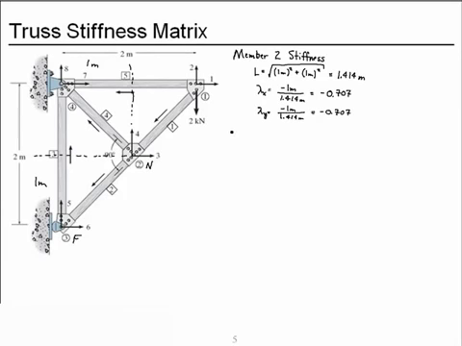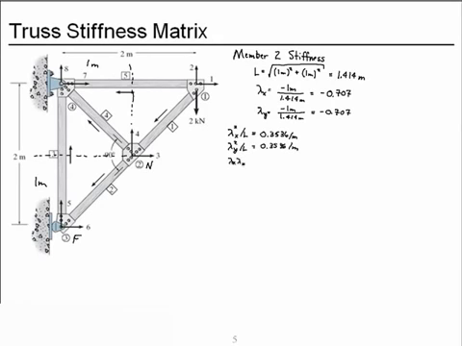So let's solve for our three quantities that will show up on a recurring basis. Lambda x squared over L, just as we calculated for member 1, will be 0.3536 per meter. Lambda y squared over L will be 0.3536 per meter, just like we calculated for member 1.